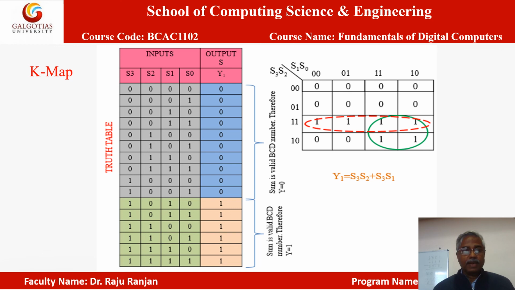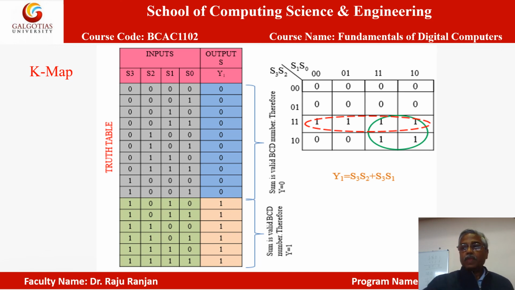Okay, then the next is 1, 0, 1, 1, last row, third column, here the value will be 1. Then 1, 1, 0, 0, third row and first column, the value is 1. So all 1s will be marked in this table, and then we will make grouping.